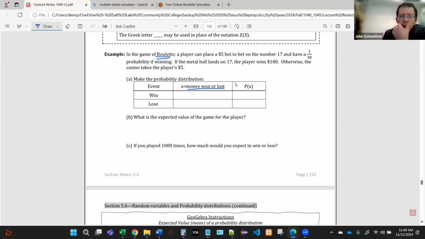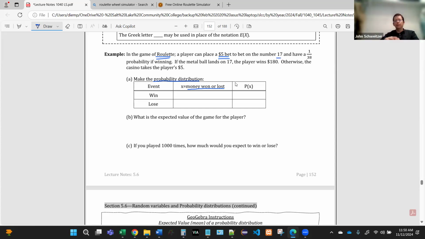The next step is to find the probability distribution. It typically has a couple of columns like this, and we have a list of all of the values of the random variable. The way this one works is you put $5 down on the table, and let's say we bet on the number 17.